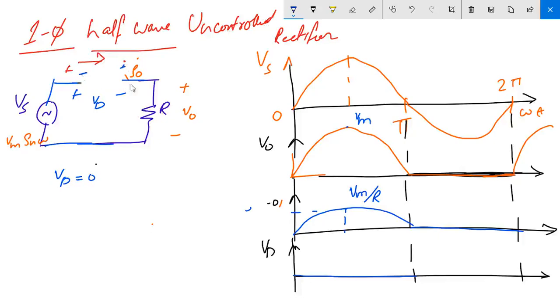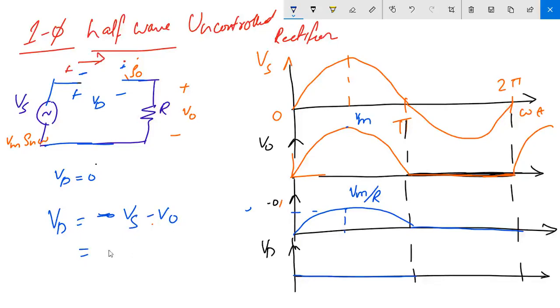So during the reverse bias condition, VD will be minus Vs. If you write down the KVL, Vs minus V naught will be VD, right?